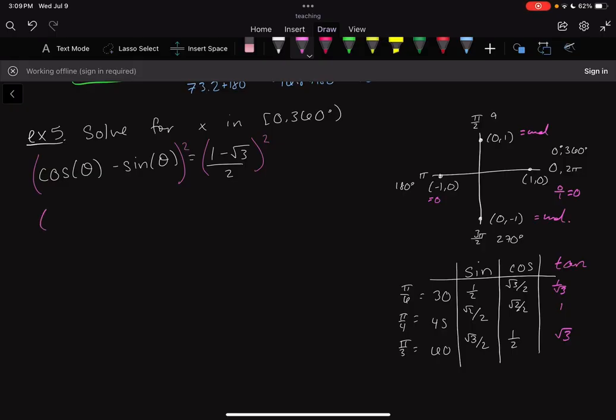So this one's going to be cosine theta minus sine theta times cosine theta minus sine theta, I'm going to have to distribute that out, is equal to 1 minus root 3 times 1 minus root 3 over 2 squared would be 4.